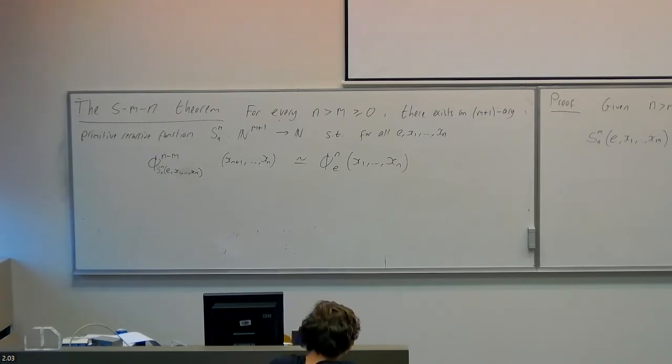We want this to be a Turing machine that's going to take the remaining arguments from m plus 1 up to n. So we simply need to write these m arguments to the left of those, and then we'll proceed as the Turing machine M.